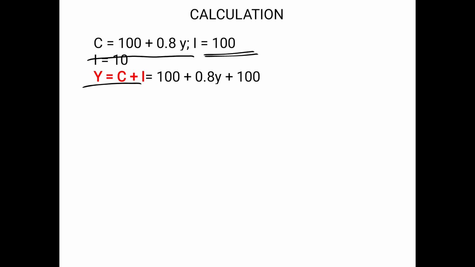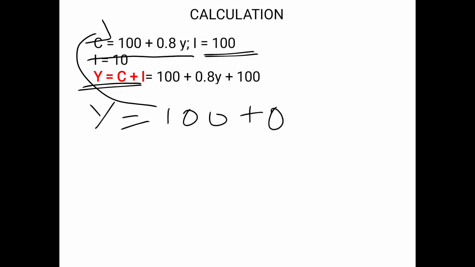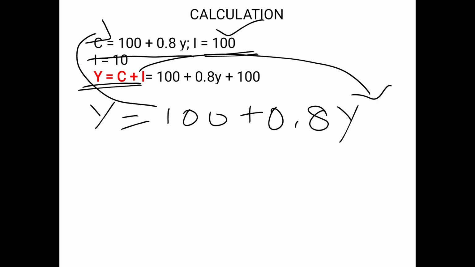Y is equal to C plus I. So Y is equal to C, which is already given: C is 100 plus 0.8y. Now I has to be added, and I is already given as 100, so you put it as 100.